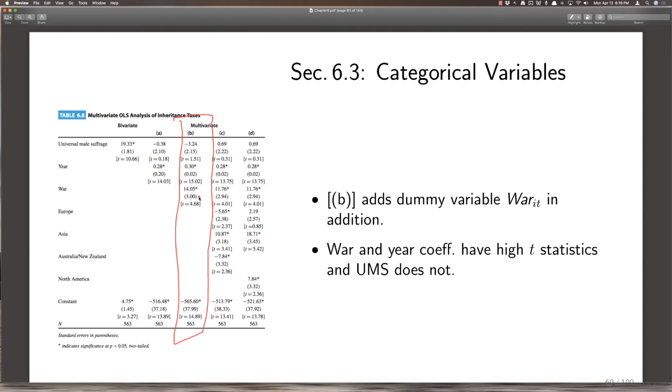But also, countries with universal male suffrage are usually less likely to go to war. This is a relatively robust, stylized fact that we see across different countries. The more people you let vote, the less likely countries go to war, right? When you start letting all males vote, a lot of those males are the ones you'd be sending out to fight the war, right?